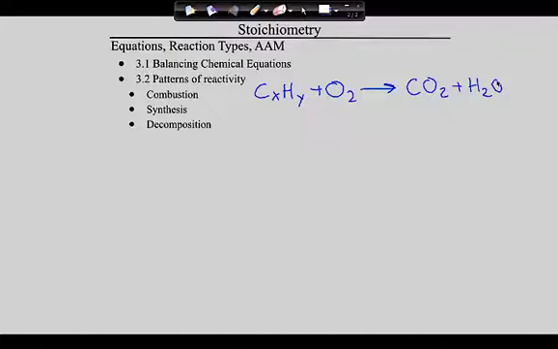Then, guys, a synthesis reaction is a reaction that creates one product. You'll notice in the book they call these combination reactions.